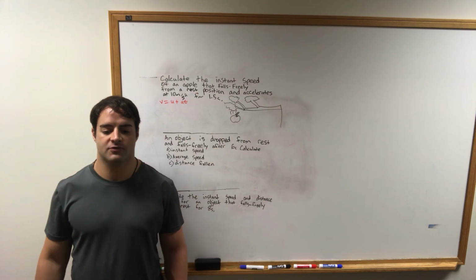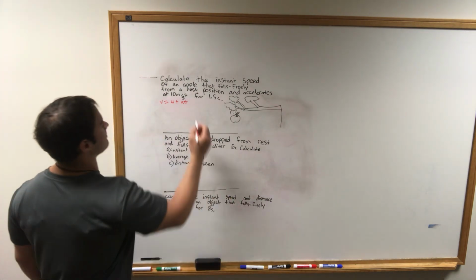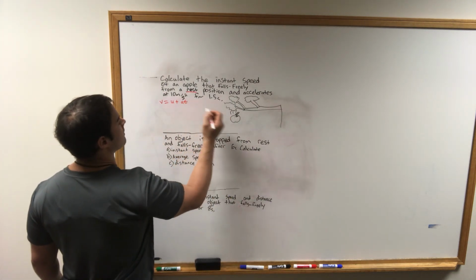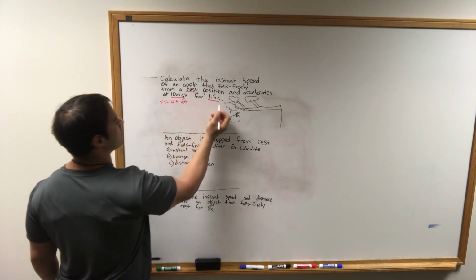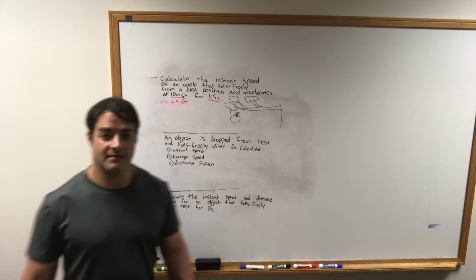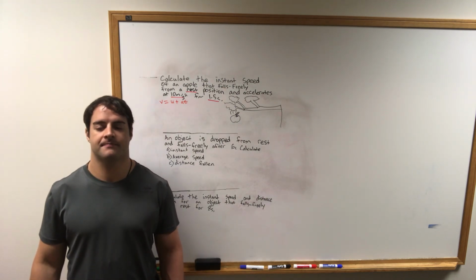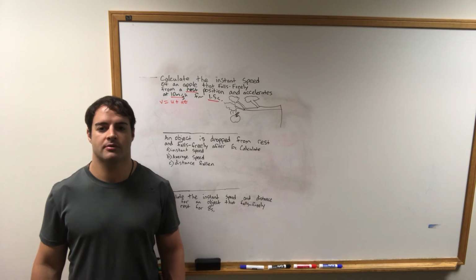And the apple falls from a rest position and accelerates at 10 meters per second squared for 1.5 seconds. Okay, and to simplify the problem, we're just going to solve for the final velocity.